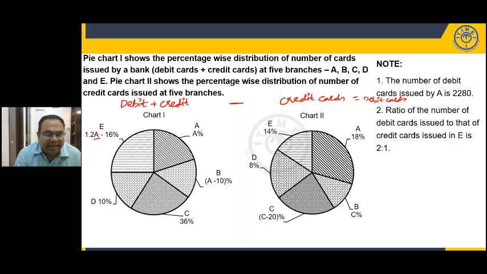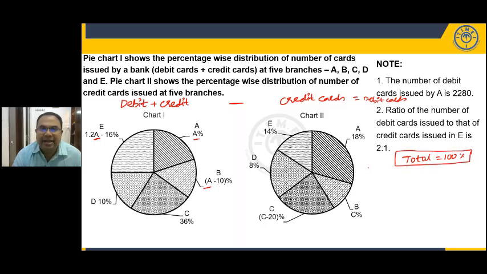Now you can see branches A, E, B are not given as percentage values, they are given in terms of A. We know that when it is given in percentage, the total must be 100% in a pie chart. If it is in degrees, the total must be 360 degrees.